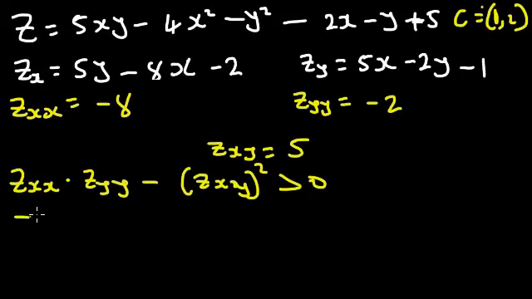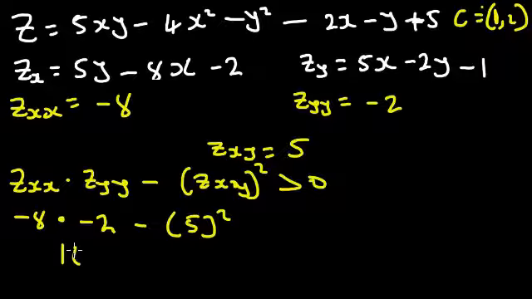So z sub xx is minus 8 times z sub yy is minus 2 minus z sub xy, which is 5, all squared. So minus 8 times minus 2 is indeed equal to 16. Minus 5 squared is 25. 16 minus 25 is minus 9. Well, unfortunately, minus 9 is not more than 0, but instead less than 0.